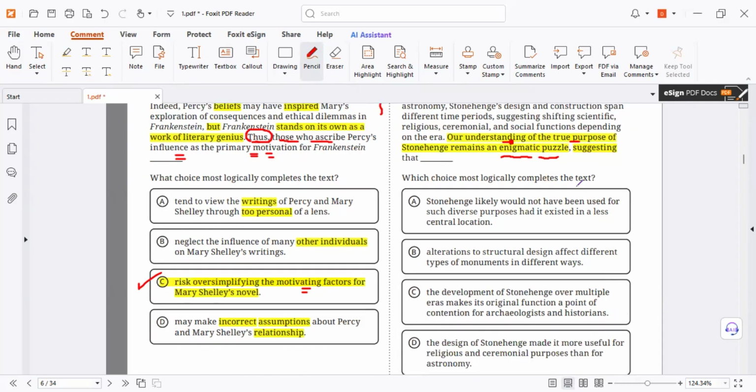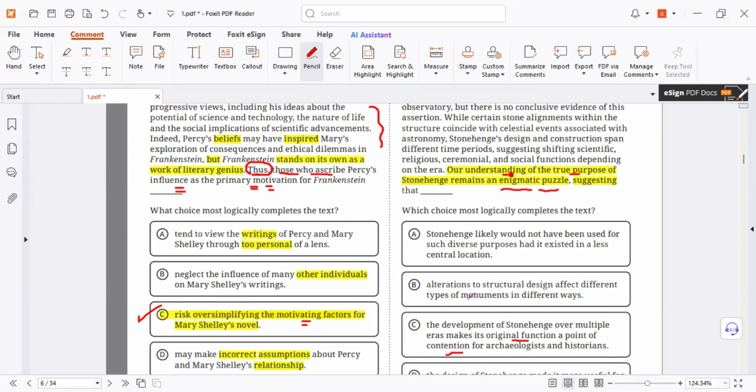If you said letter A, no, would not have been used for such diverse purposes. No. But look for this one, contention, because here we are talking about mixed origin, function, point of contention. Contention means we don't know up to now.